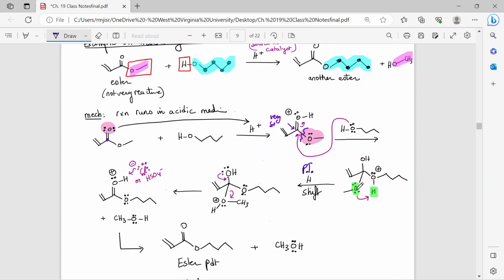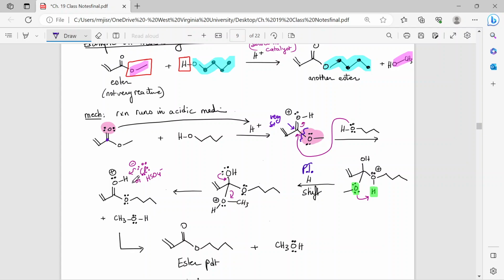Now once it's a positive charge, you can do resonance and the whole thing is going to leave. So see what I did? The OR cannot leave in the form of a lone pair in acidic medium, so I have to make it a plus charge so that it can leave. And it can leave by a simple resonance in there.